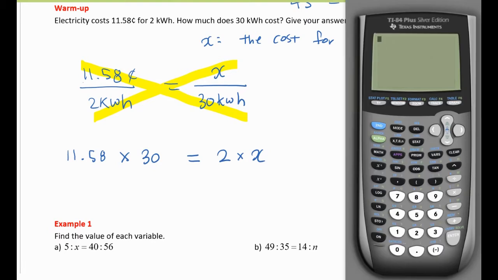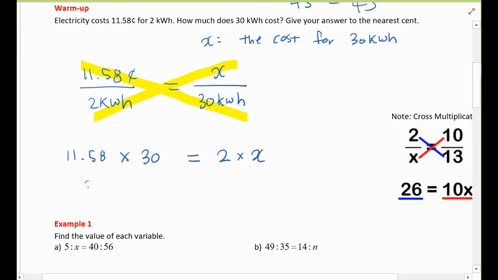Alright, let's use a calculator to find 11.58 times 30. That is 347.4. Equals 2x, 2 times x. So to find x, we have to divide both sides by 2.